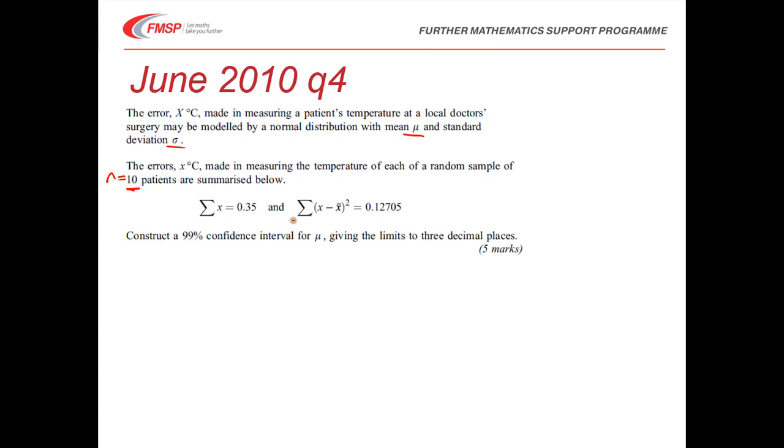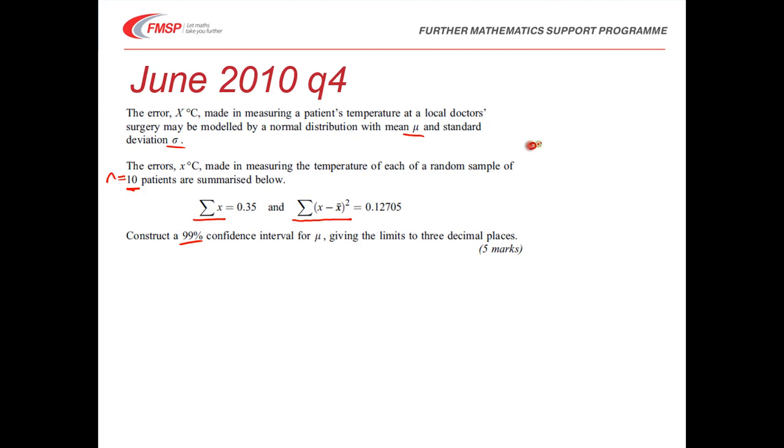What they've done in this question is give you the sum of x, but instead of giving you the sum of x squared, they've given you the sum of the squared deviations instead, because sometimes that's easier to measure. We have to construct a 99% confidence interval. The skills are very similar to S1, but we've got a little bit more work to do.